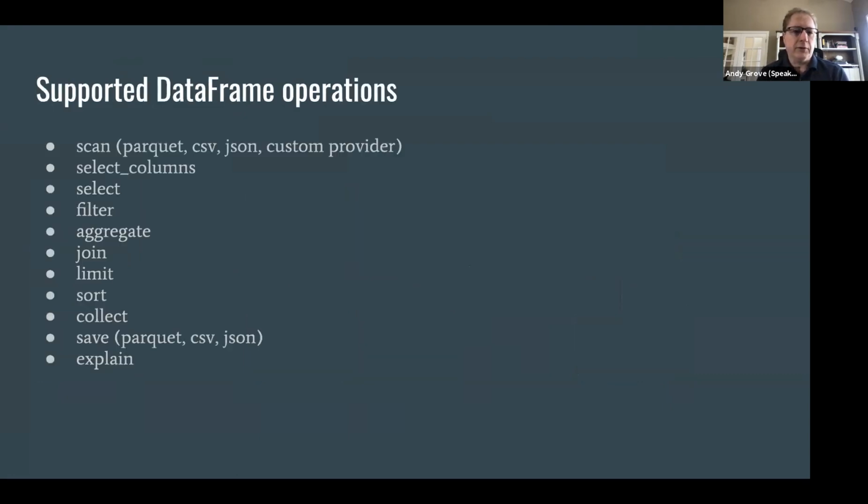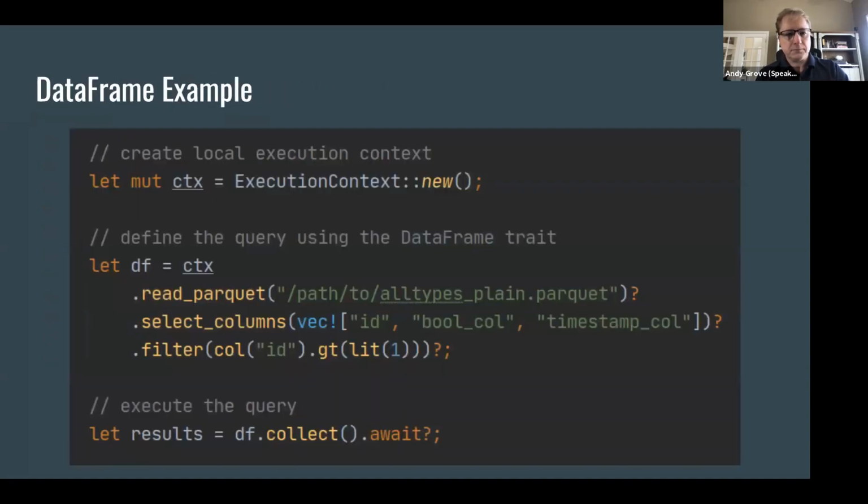The DataFrame API supports the typical things you'd expect to be able to perform a wide range of ETL functionality, things like aggregates and joins and so on. Here's an example of using the DataFrame API from Rust. We start off by creating an execution context, and then we can call methods on that context to build up our query plan. Here we're calling read Parquet, we're selecting some columns, then we have a filter.